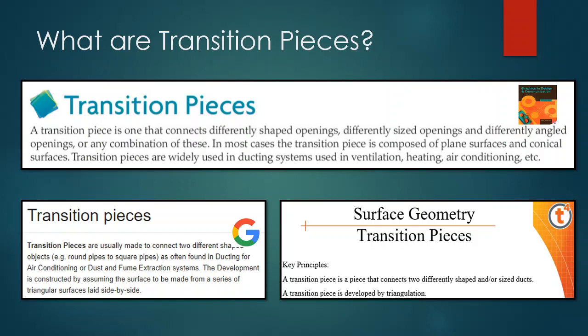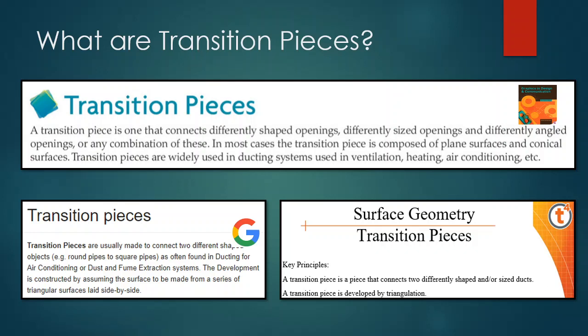And then for my last bit of research, just to figure out what transition pieces were, I went on to T4, which is a DCG resources website. So it says here, one of the key principles: a transition piece is a piece that connects two differently shaped and/or sized ducts.